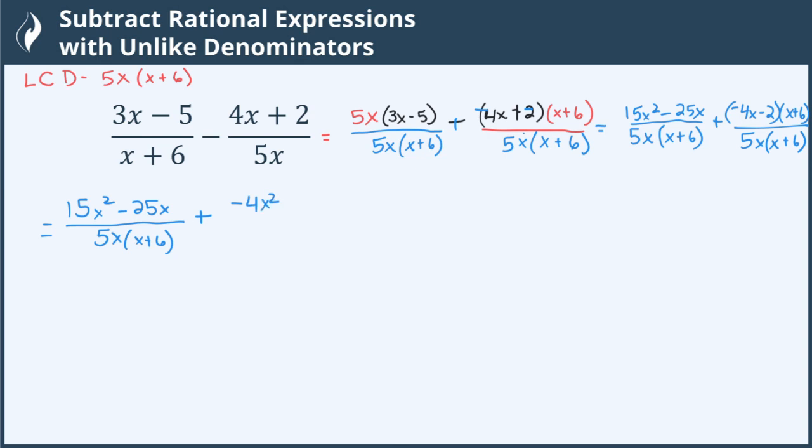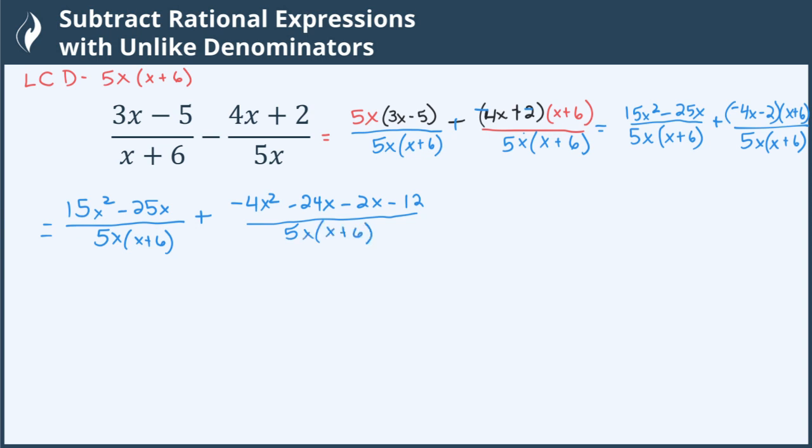Negative 4x times 6 is going to give me a negative 24x. Negative 2 times x is going to give me a negative 2x. Negative 2 times 6 is going to give me a negative 12. Again, it's all over 5x times the quantity of x plus 6.